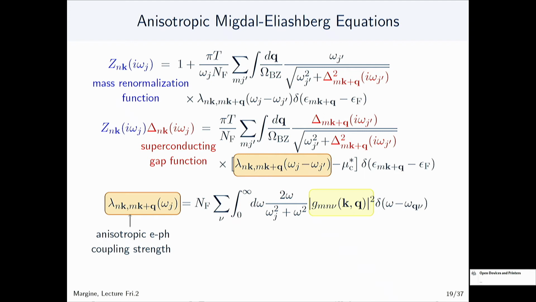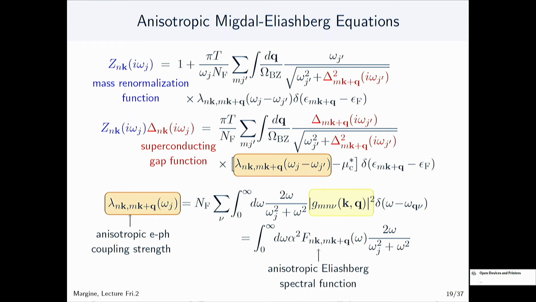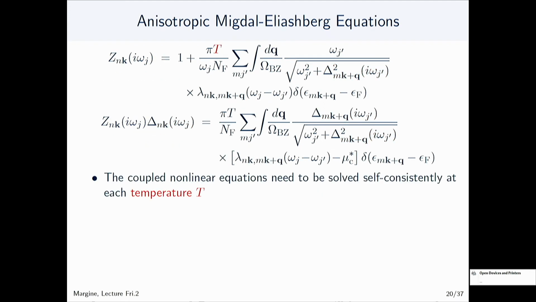You can formally also write this anisotropic lambda in terms of an anisotropic Eliashberg spectral function. This is just to make a connection with what you saw when you used the McMillan expression to estimate lambda from the Eliashberg spectral function.